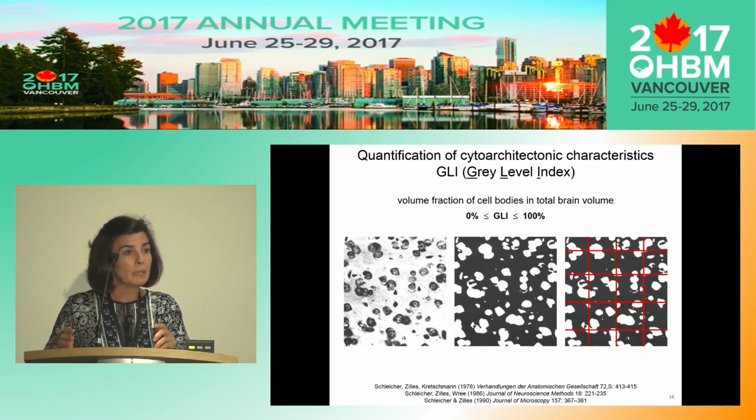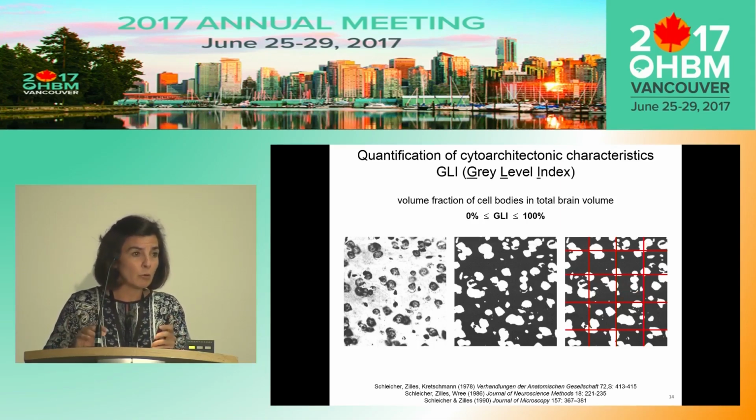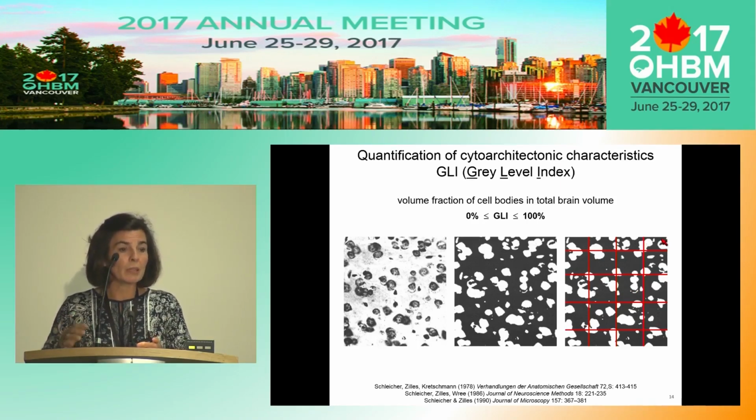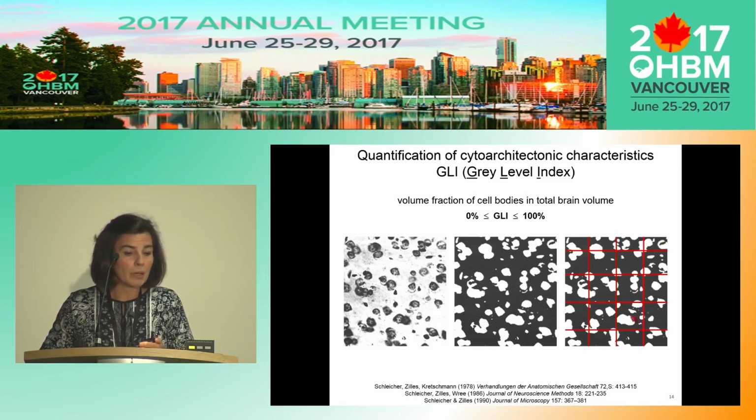And this gray level index value can vary from 0%, so you've got no cell body at that position, to 100%, which would be that this part of the cortex is completely occupied by cell bodies.